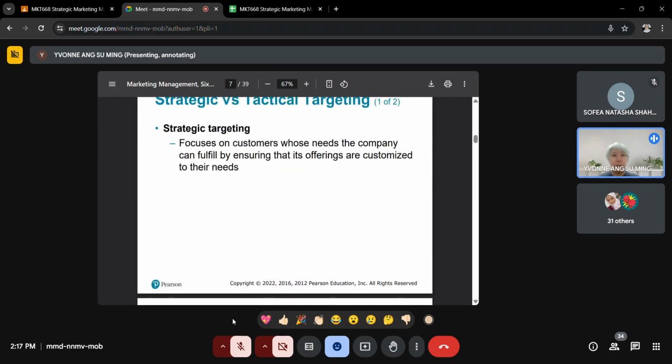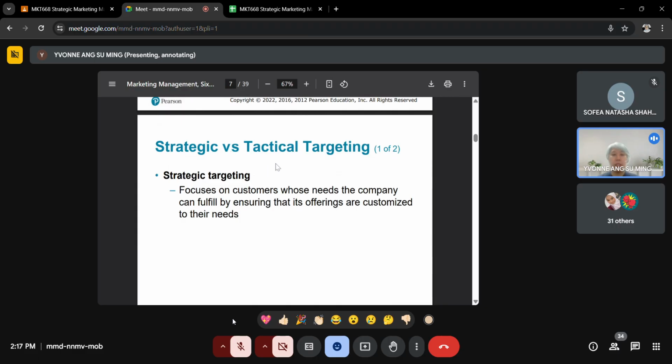Okay, now we go to the difference, trying to understand the difference between strategic versus tactical targeting. Okay, so that means that even targeting, kita ada fokus yang berbeza. Fokus dia yang pertama adalah fokus pada strategic punya approach to targeting.